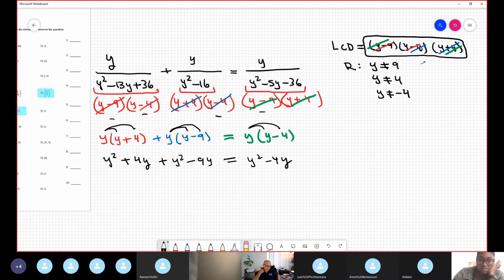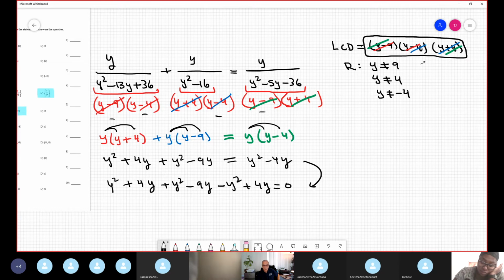And for a quadratic equation, remember the best way is putting it in standard form. Move everything to the left. So I copy y squared plus 4y plus y squared minus 9y minus y squared plus 4y equal to 0. The only thing I did in this step was move y squared and minus 4y to the left with the opposite sign, of course.